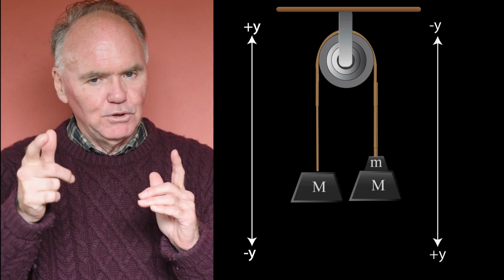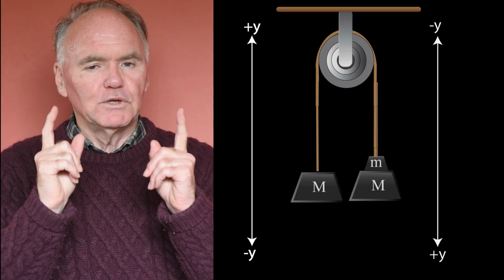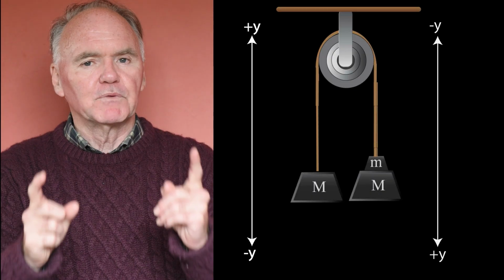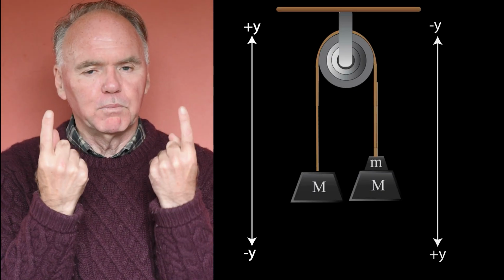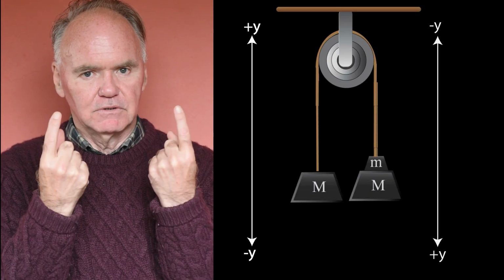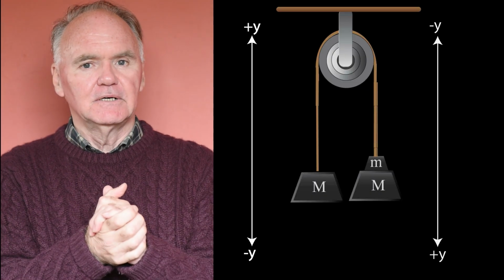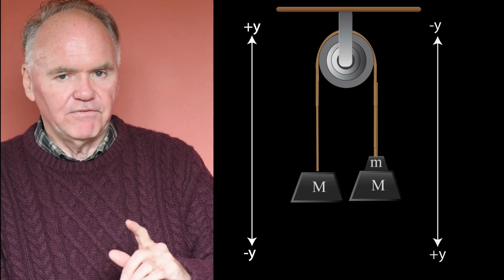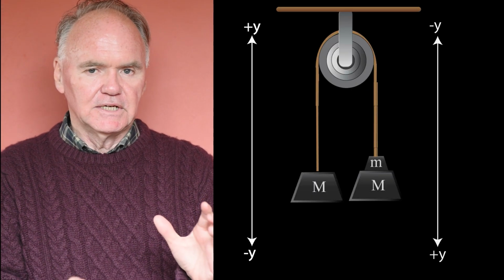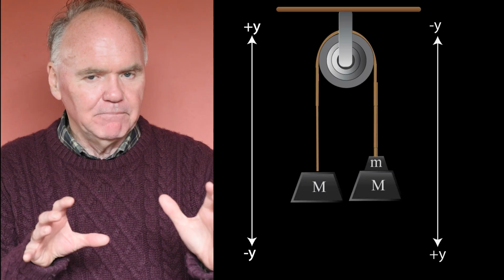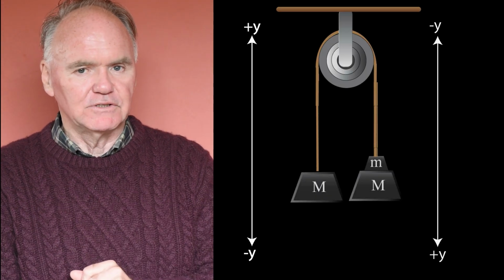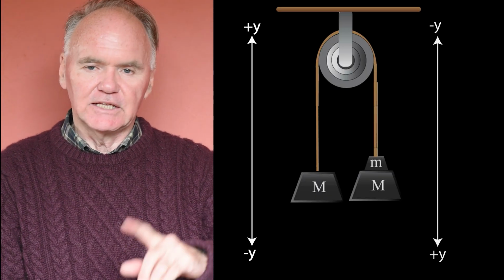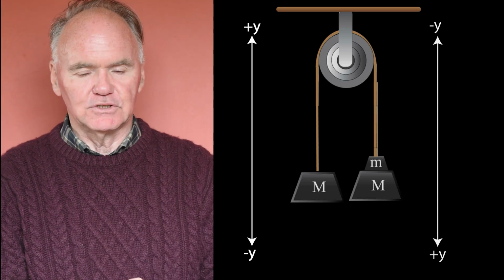Now I recommend you try it yourself after the video, where the coordinate systems are both positive for upwards. You get the exact same answer, but there's an extra step where you have to utilise the fact that the acceleration in both bodies is the same in magnitude but opposite in direction. Make that substitution and you get the same formula I'm going to show you just now.